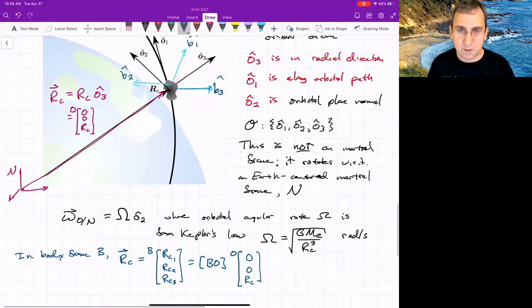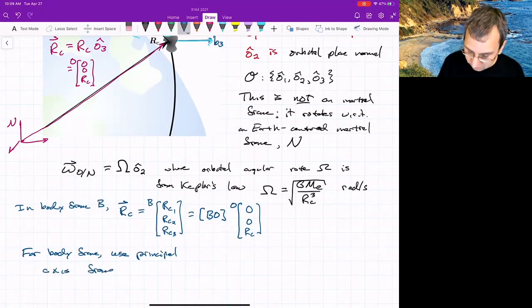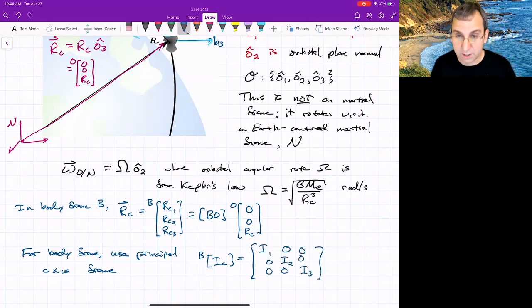And we have a choice of what body frame. Let's use as our body frame a principal axis frame, because that's the most convenient choice. And why do we want to do that? That's just so that the moment of inertia matrix will be diagonal, I1, I2, I3, the moments of inertia about the B1, B2, and B3 directions.